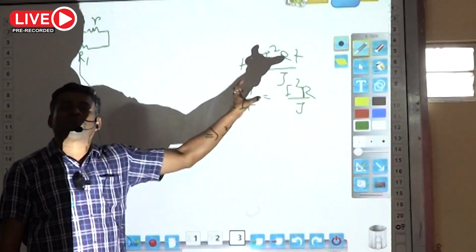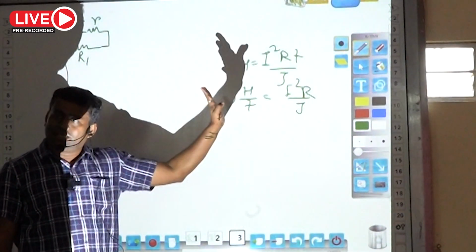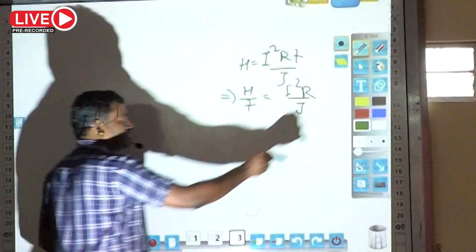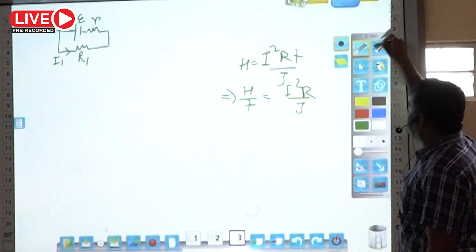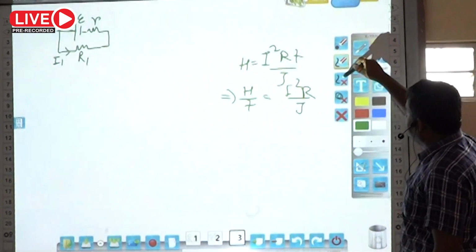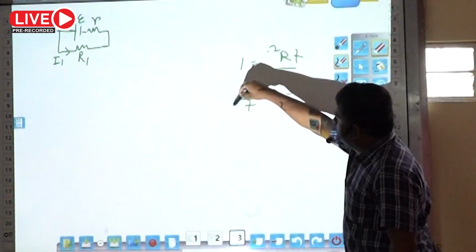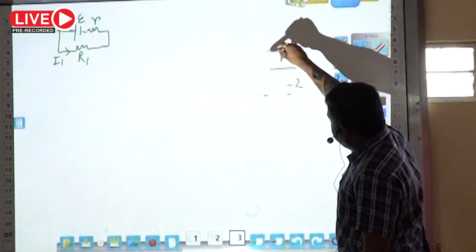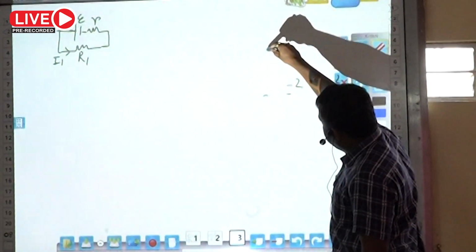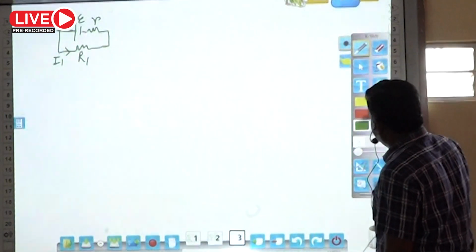So only this I square R part is constant for both the connections. Now I will only focus on this I square R part.